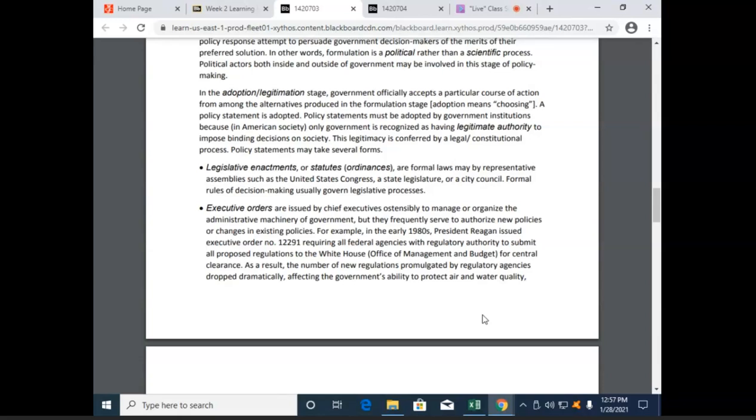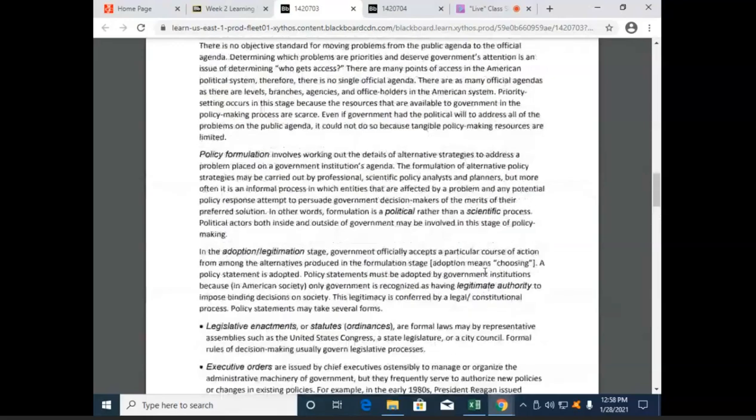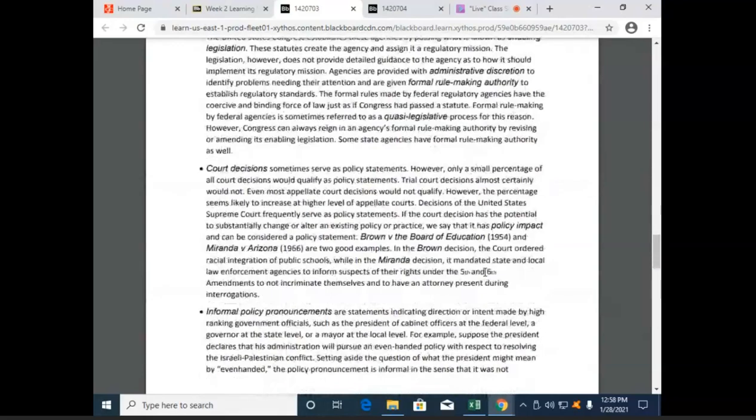And we've said previously that that's really the key to understanding what the substance of policy is. When we started this discussion, we said that sometimes government decides one thing and then does something else. It's really the doing it that informs us about what the policy actually is. So we call that implementation. In this model, we call that stage implementation.